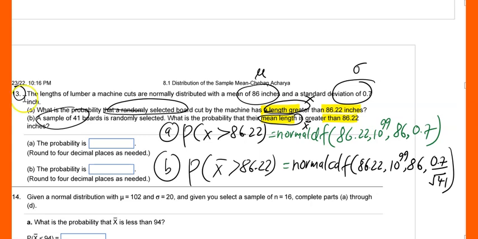Make sense? Therefore, the difference here is we use a different standard deviation. Other than that, everything is the same. Since we are using X here, we're using X bar here, and you get a different probability. For this one, the probability is going to be 0.3767. For the other one, it's going to be 0.0221. Okay, and you pause the video and try yourself. That's the answer.